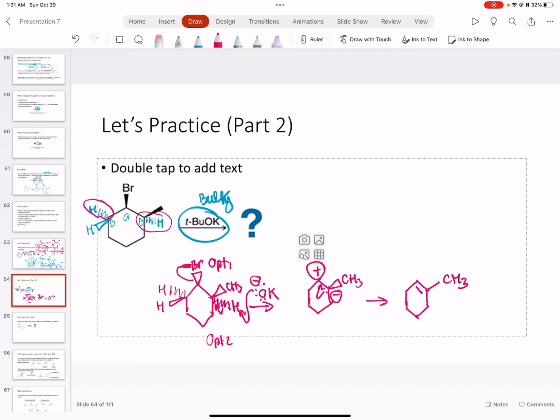And I lose that stereochemistry, as you see, because we have a double bond, and it wouldn't be like a chiral center anymore. I wouldn't be able to have a wedge and dash relationship because we have a double bond now. So then on my second option, maybe I'm just gonna have to draw my option 2 in here.